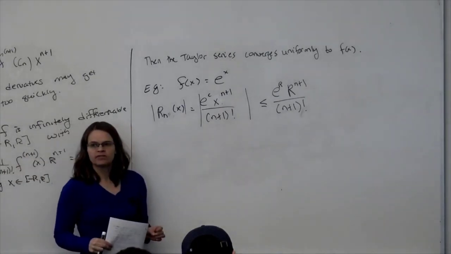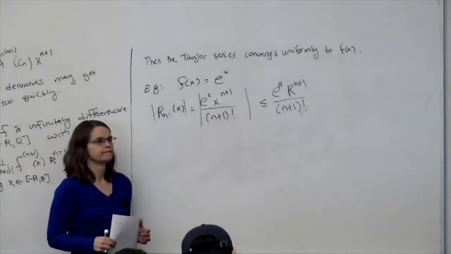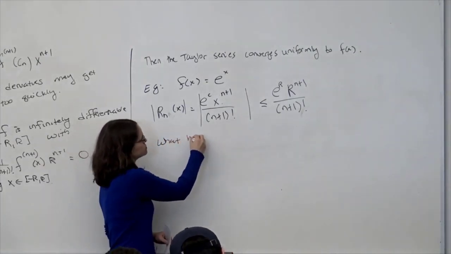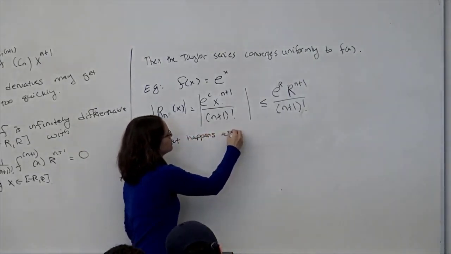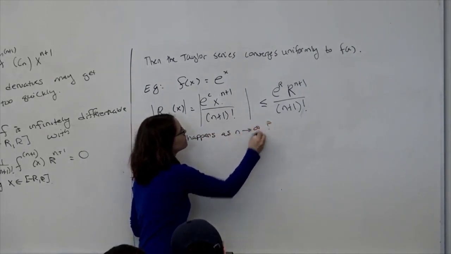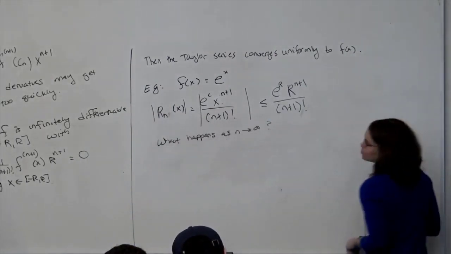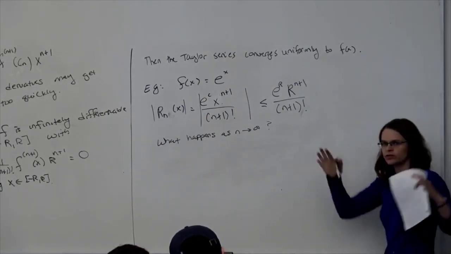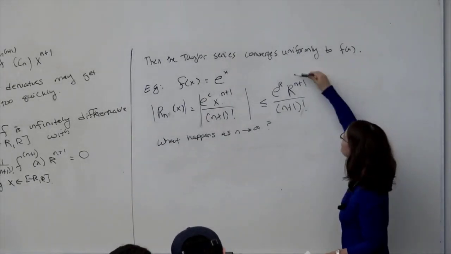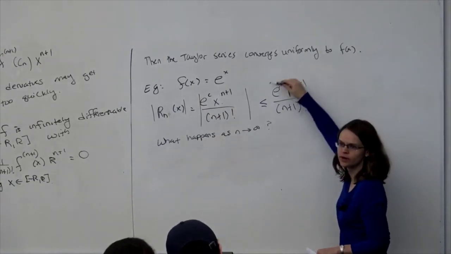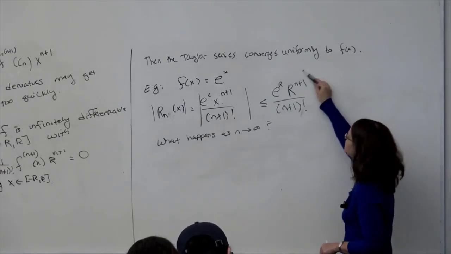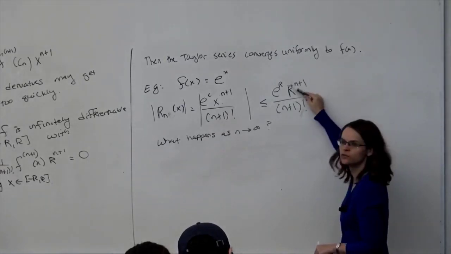And we want to know what happens to this as n goes to infinity. There's a couple different cases. So let's say r is some fixed number. This is the domain we pick. So e to the r is just a number. We don't have to worry about that. If r happens to be less than or equal to 1, then this whole thing is going to stay less than or equal to 1.